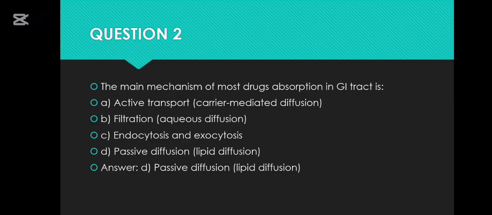Then C, hydrophobic substances. On hydrophobic substances, we are basically talking about lipid as well, something that is water hating, which can easily pass using passive diffusion. But let's look at hydrophilic substance.